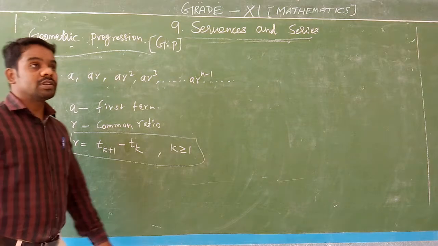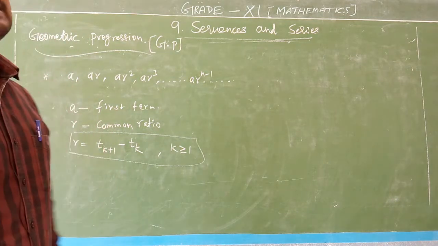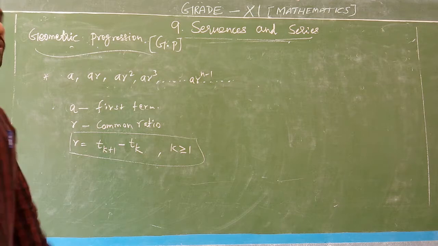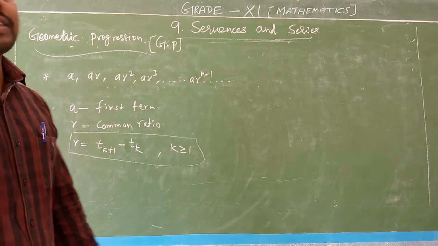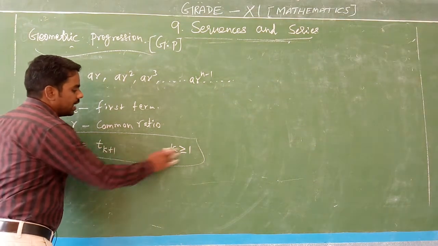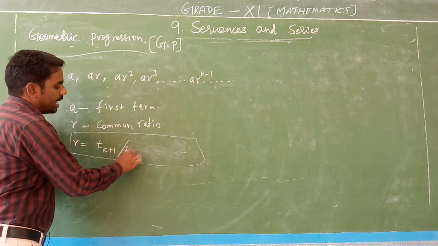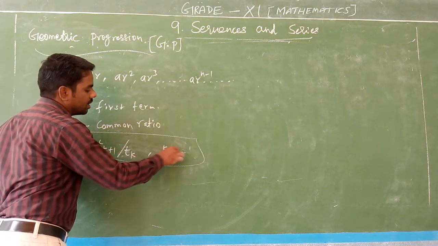In an arithmetic progression, as you saw last class, the common difference d is T2 minus T1, second term minus first term. Here the common ratio is T(k+1) by T(k), where k is greater than or equal to 1.